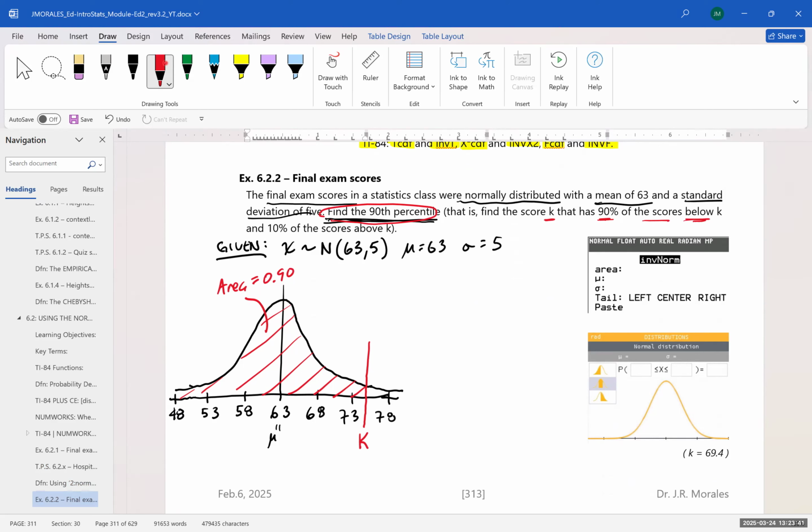Let's think a little bit about our expectations here.